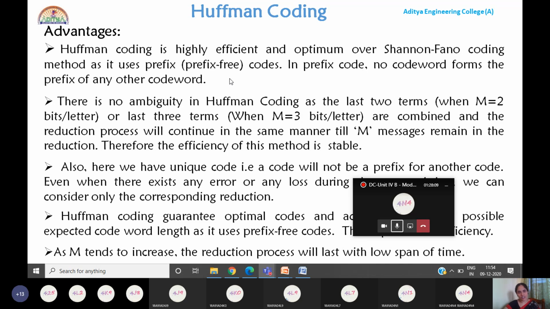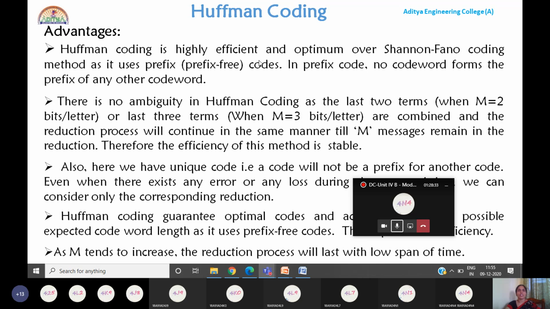So please remember one point here. Prefix sometimes you can also call it as prefix free. In the prefix codes, the prefix of one code word is not equal to the prefix of other code word.